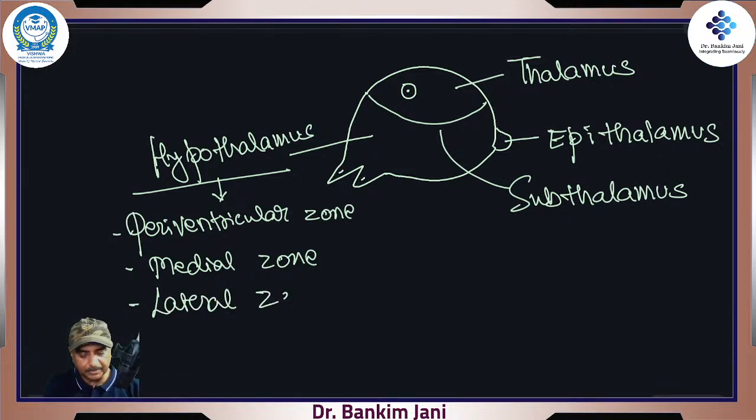Thus epithalamus, subthalamus, thalamus are all divided, but the division of thalamus is superb, because it has so many nuclei. Actually, it has over 50 nuclei, and today we'll be studying quite a lot of them. But I'll give you the complete idea about how they are arranged.